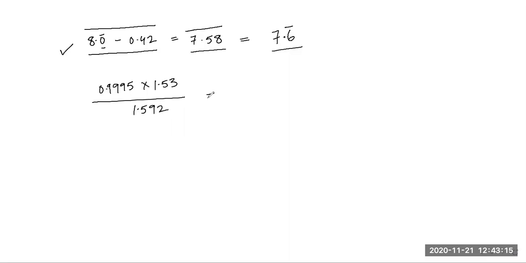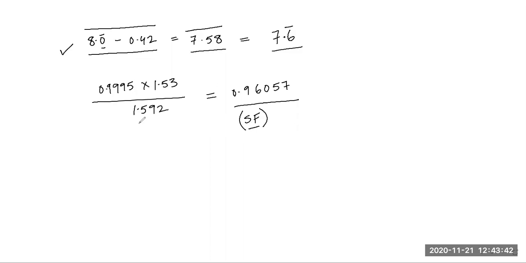So first of all, what you do, students, simply divide them and multiply them like we have to do normally. Okay? Then the answer you are getting is 0.96057.